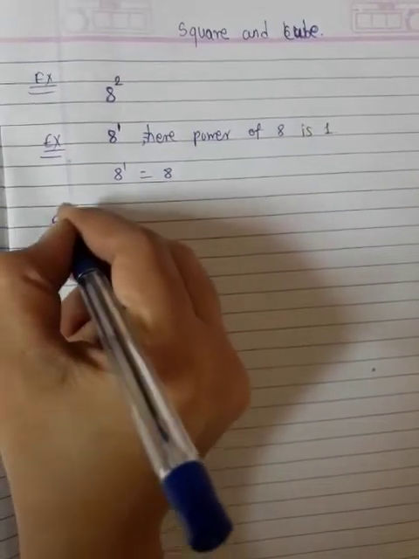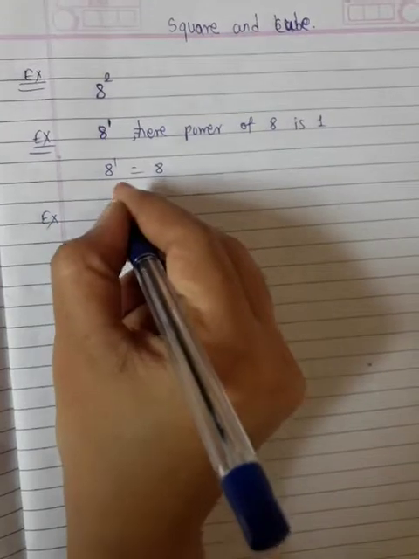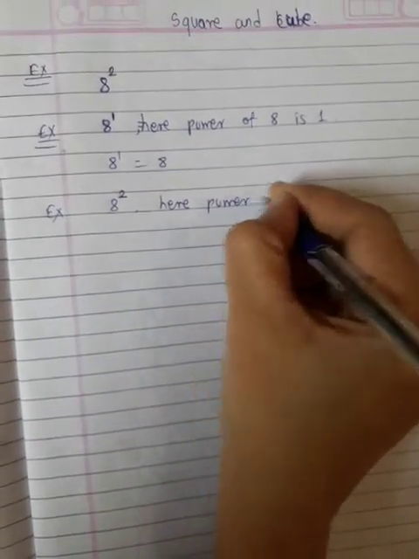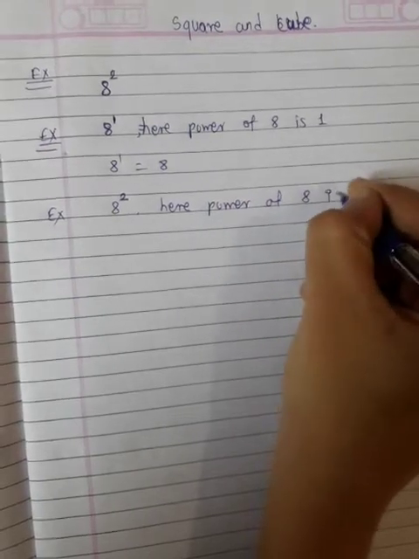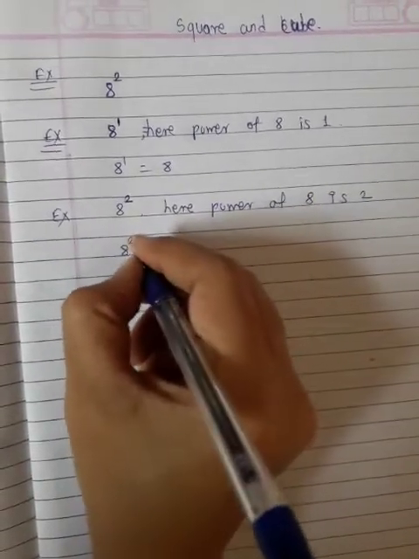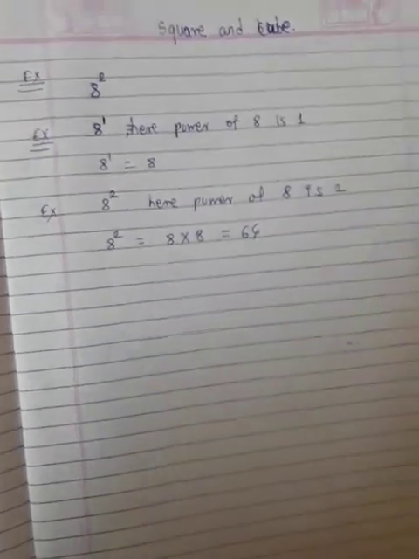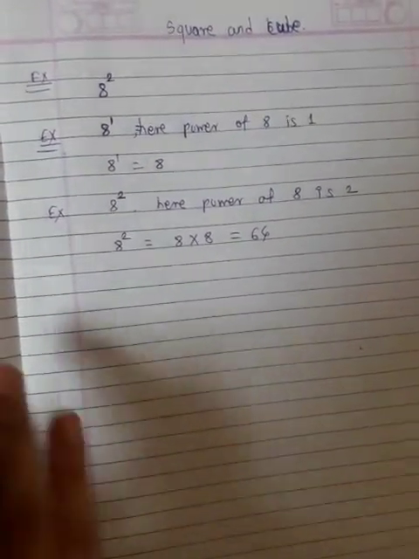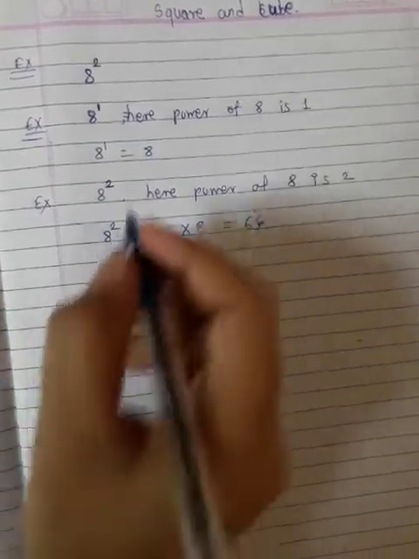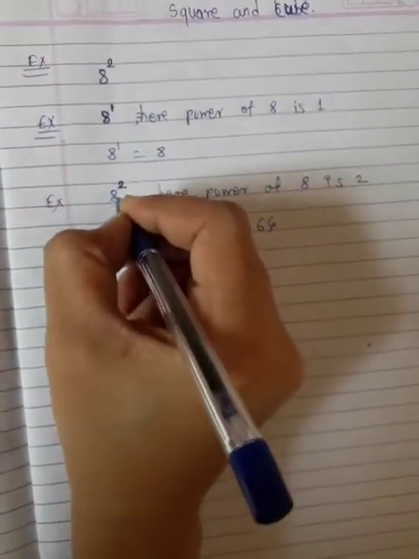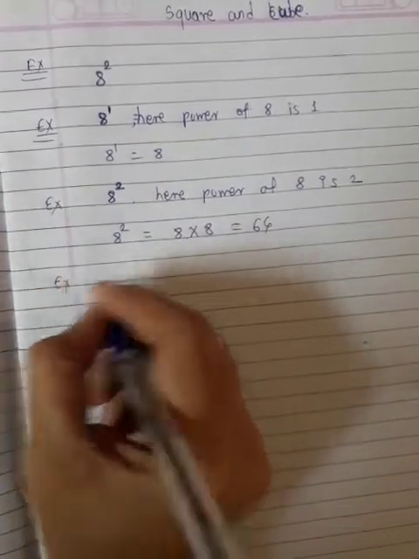Now see the next example, 8 raised to 2. Here power of number 8 is 2, and 8 raised to 2 means multiply 8 2 times and it gives you 64. So this is the first power of 8 and this is the second power of 8. You can write 8 raised to 3.